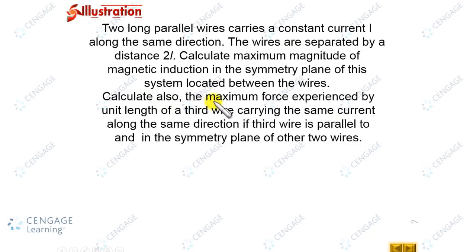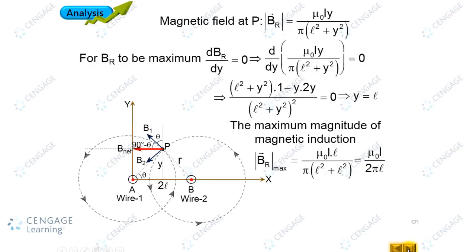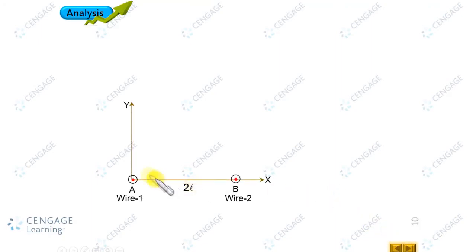In the second part of the question, we need to calculate the maximum force experienced by the unit length of the third wire carrying the same current along the same direction, right? And the wire is parallel and in the symmetry plane of the two wires. So let us write the relationship, right? These are the two wires and the symmetry plane.